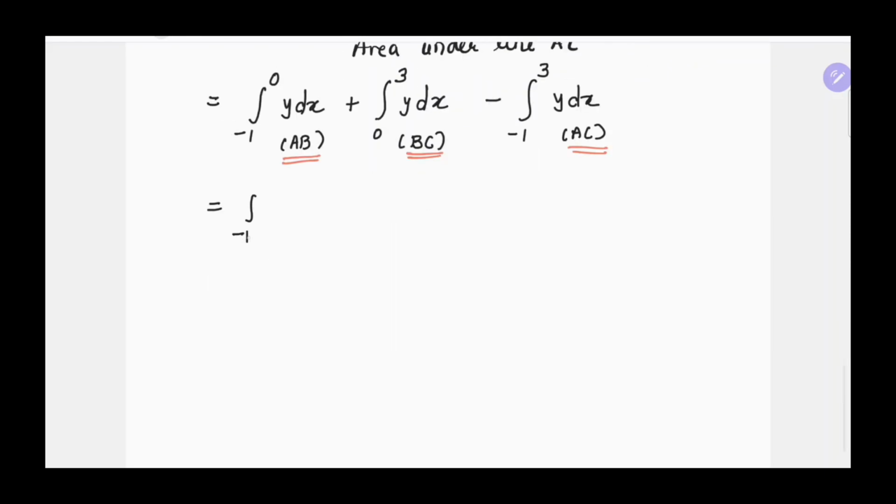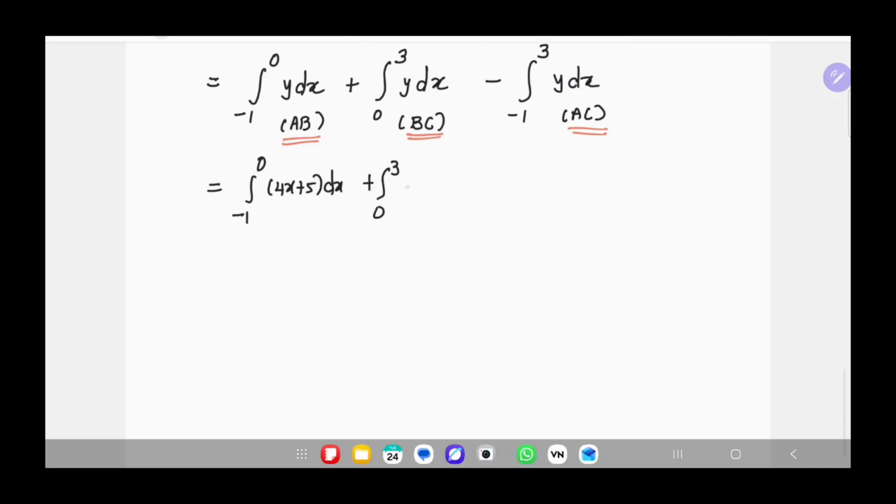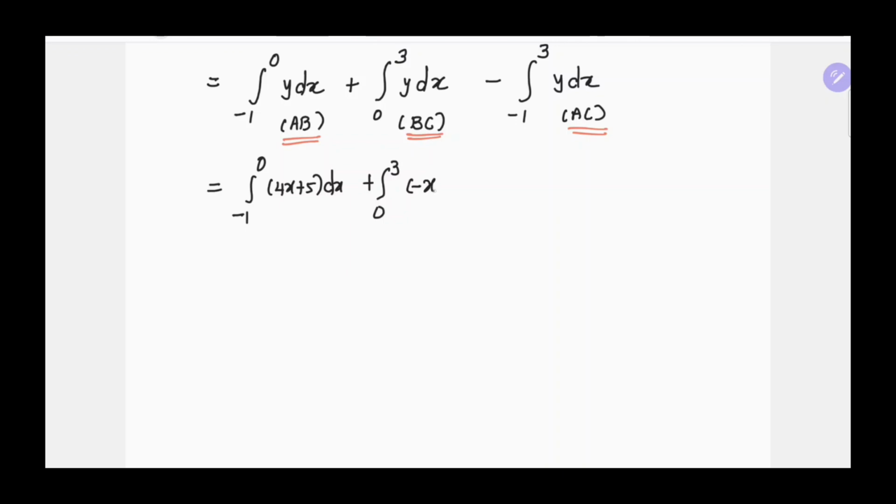So integral from -1 to 0 of (4x plus 5) dx plus integral from 0 to 3 of (minus x plus 5) dx minus integral from -1 to 3 of (x plus 5) upon 4 dx.